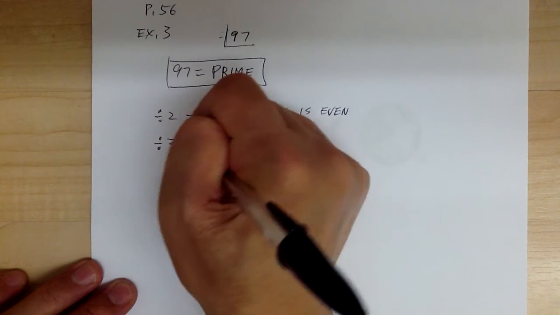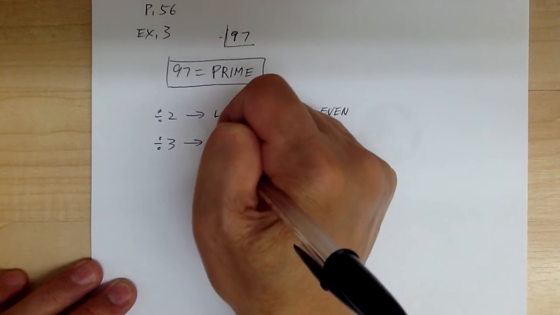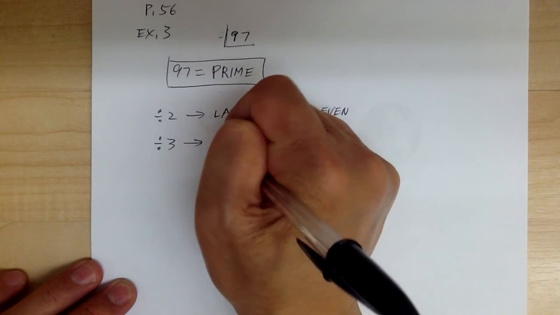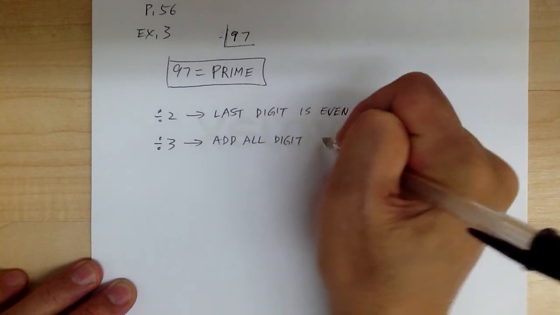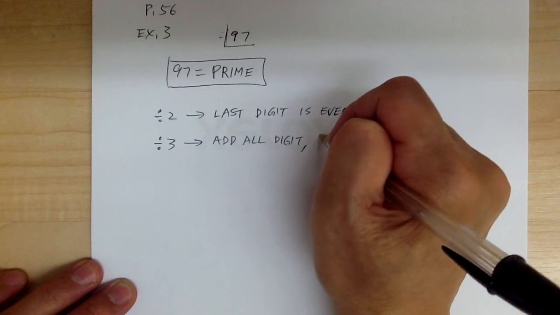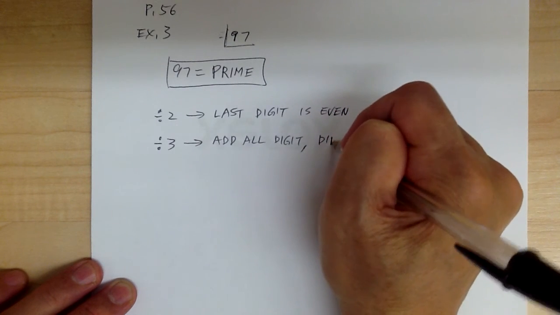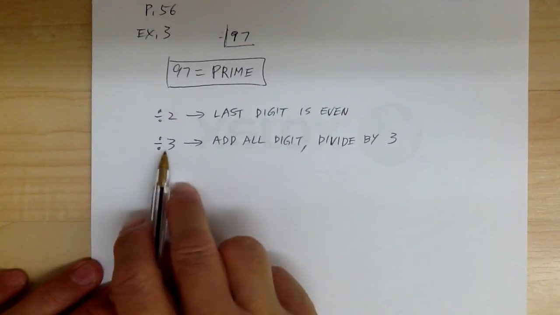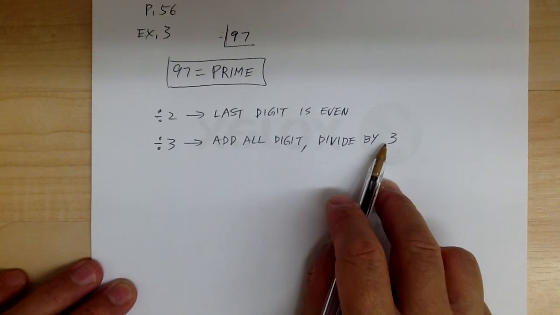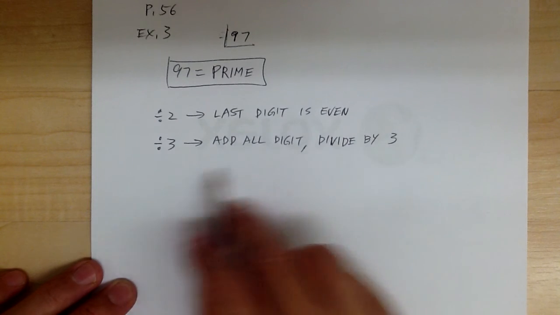Now, for divisibility by 3, you add all the digits together and then see if the sum can be divided by 3. If it can, then yes. If it cannot, then no.